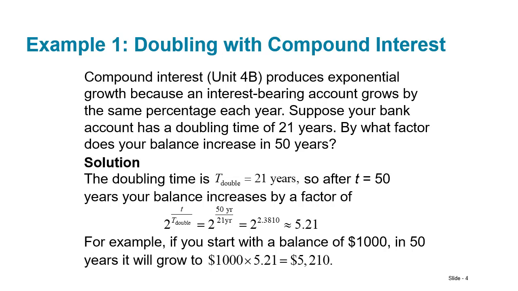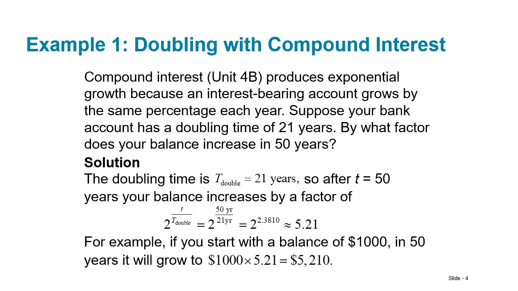Compound interest produces exponential growth because an interest-bearing account grows by the same percentage each year. Suppose your bank account has a doubling time of 21 years. By what factor does your balance increase in 50 years? Well, the doubling time, t double, is 21. So after t equals 50 years, your balance increases by a factor of 2 to the 50 over 21.